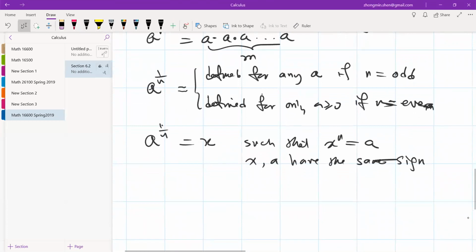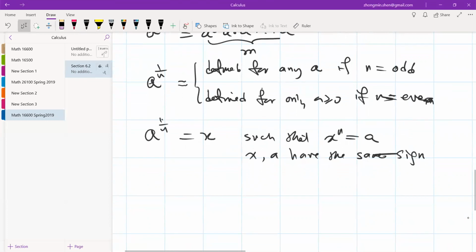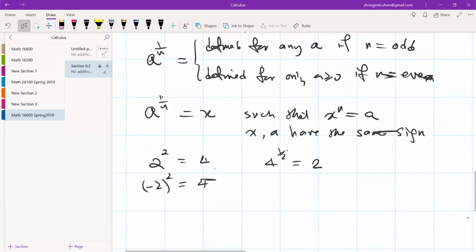Because when n is even, for example x squared equals 4, you get plus or minus 2, so you have to choose the positive 2. For example, 2 squared equals 4, so 4 to the 1/2 is 2, not negative 2. You also have negative 2 squared equals 4, but 4 to the 1/2 is going to be 2, not negative 2, because I have to choose the same sign.